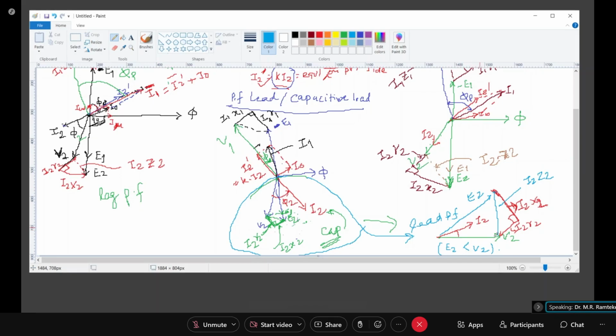I2 is leading. So I will be adding the I2 R2 drop to this, then I2 X2, 90 degree to that. This will be my I2 Z2. And when I add V2 and I2 Z2, I get E2. Clear? So these phasor diagrams are important for us.